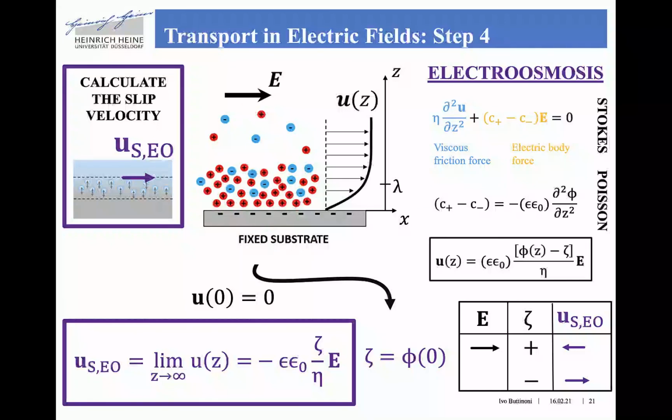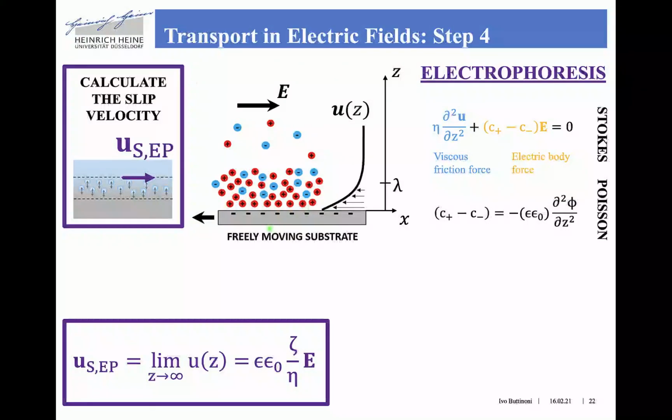Then everything is very similar if we deal with electrophoresis instead of electroosmosis. So in the case in which we are considering a freely moving substrate or particle, except for the fact that the integration constant, zeta, is now equal to the electrostatic potential at infinity in order to satisfy this other boundary condition, that we are holding the fluid far away.